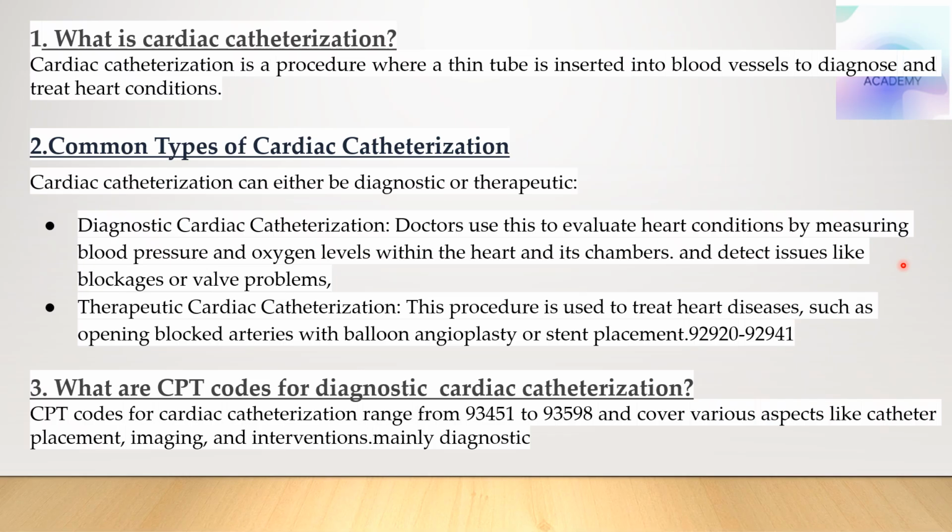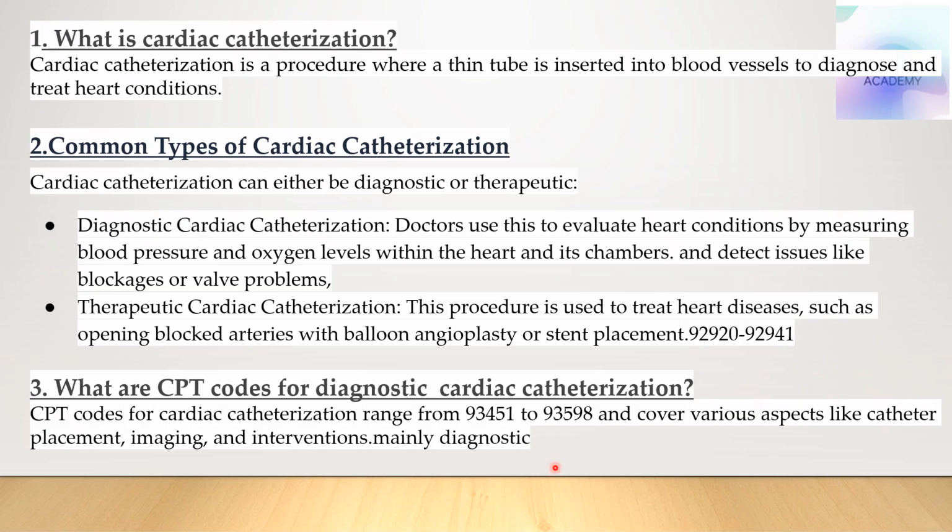And the therapeutic cardiac catheterization is basically the treatment of heart diseases. Like if there is a blockage, then we will do balloon angioplasty and stent placement. So the previous codes that you have seen were the therapeutic cardiac catheterization, and now what we are going to see is the diagnostic cardiac catheterization.